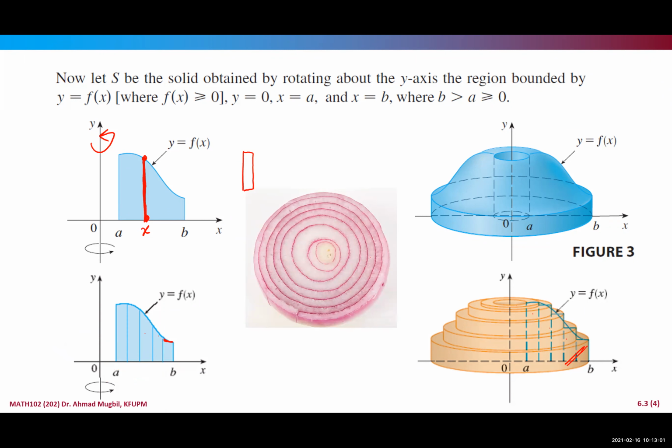So now we will think about filling this solid with cylindrical shells. If I can find the volume of this shell, for example, as a typical shell, and let's say that we have n shells, then the sum of the volumes of these shells will give me the volume of the whole solid, approximately.